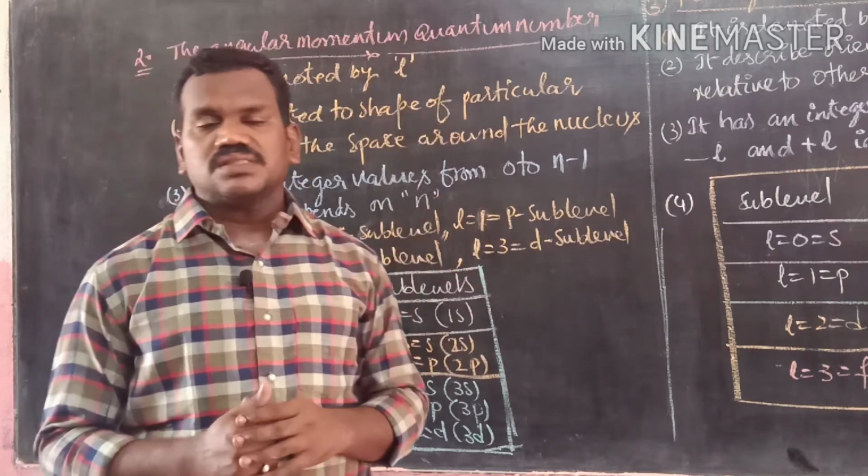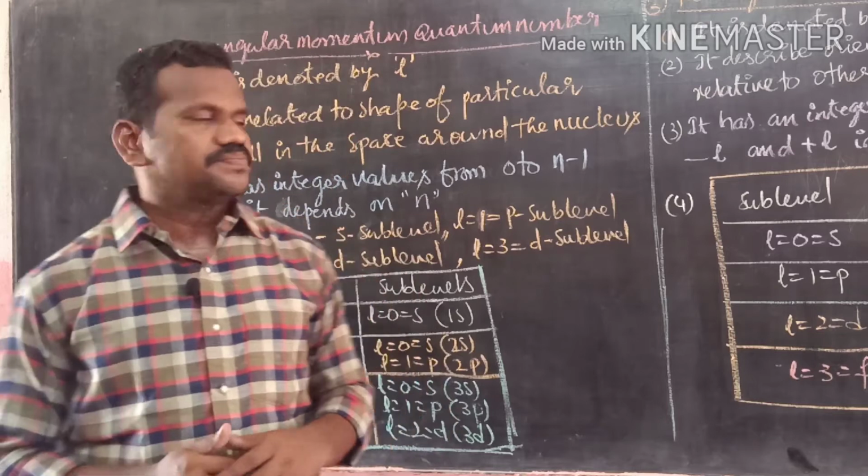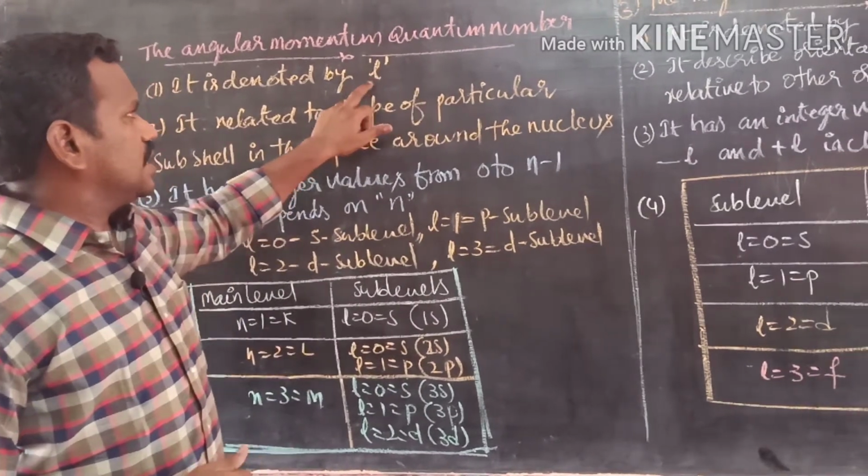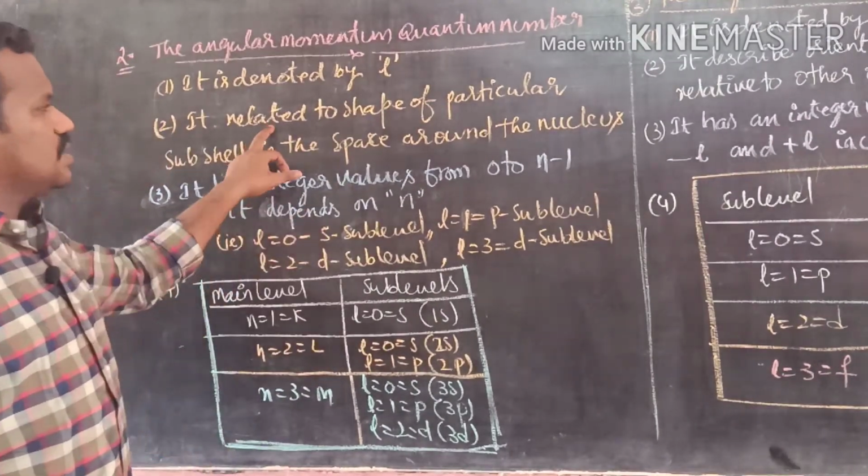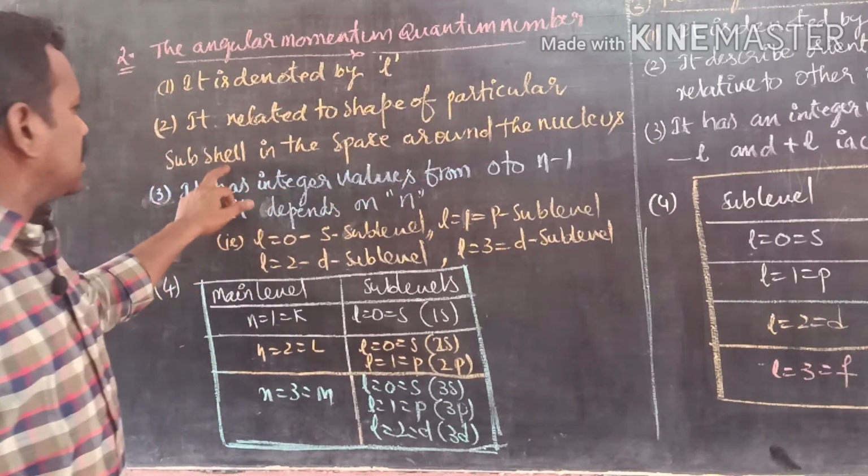This quantum number was discovered by Sommerfeld. It is represented by the letter l. It is related to the shape of a particular subshell.